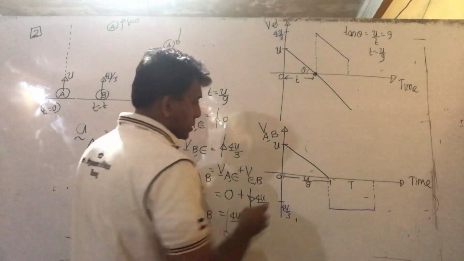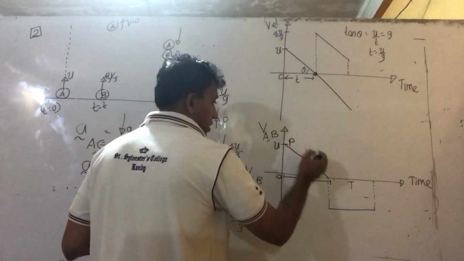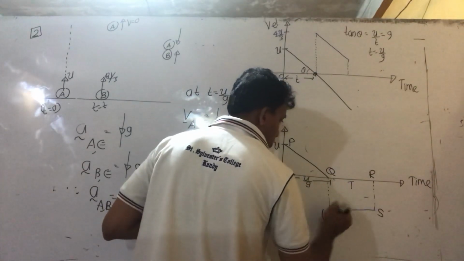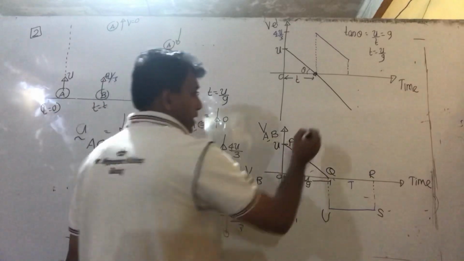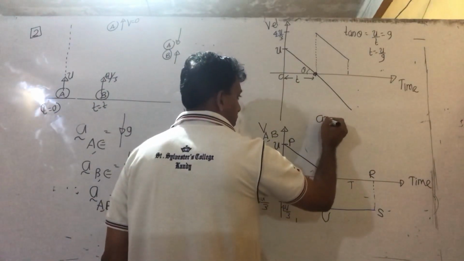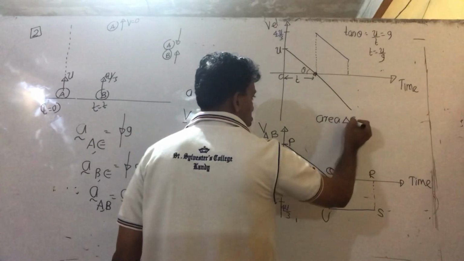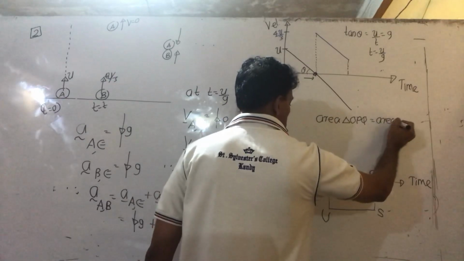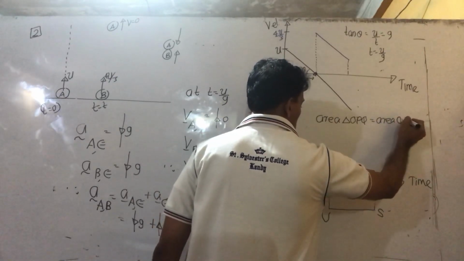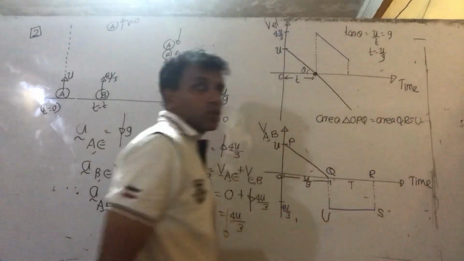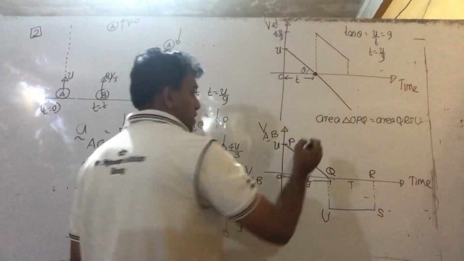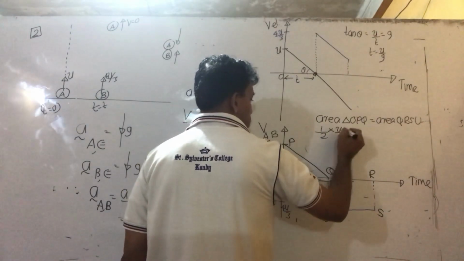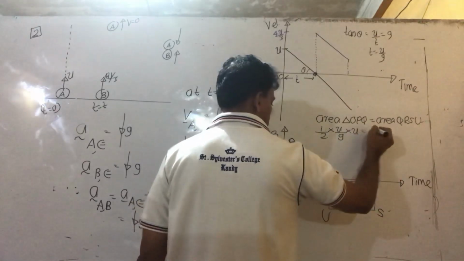If I mark some letters here, say this is O, P, Q, R, S, and U because of T available there, then area of triangle OPQ equals area of rectangle QRSU.